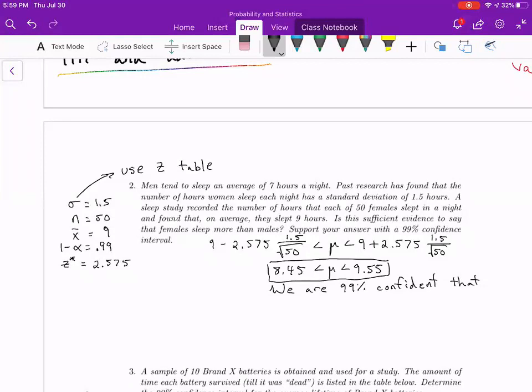Is it mean weight? What is it? Good, Miku. Yeah, it's the mean number of hours that women sleep in a night. So that's what we want to write.